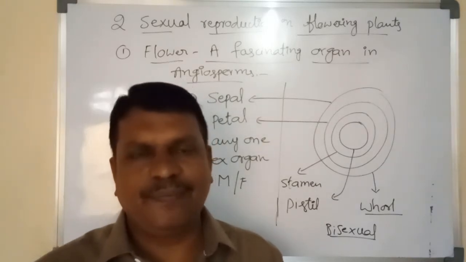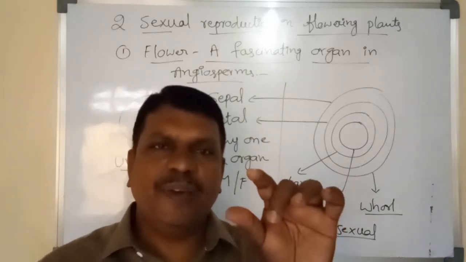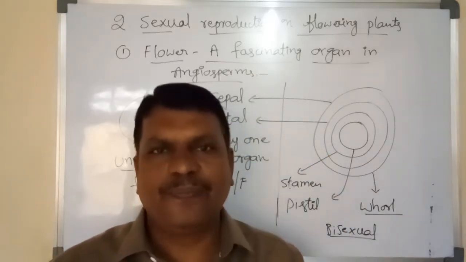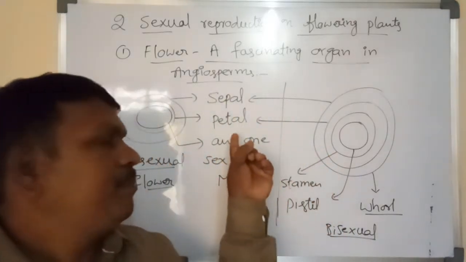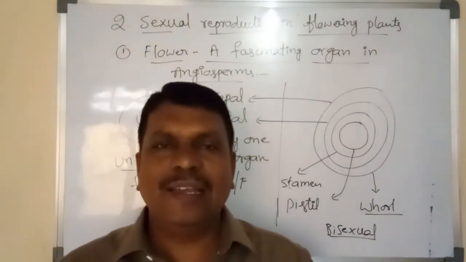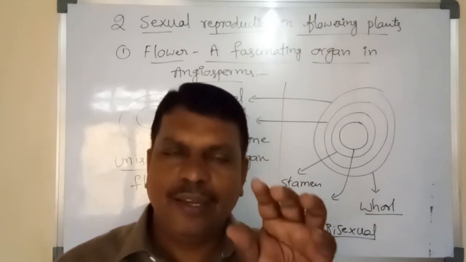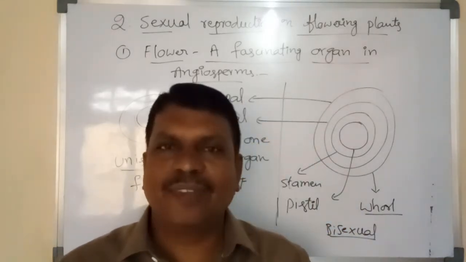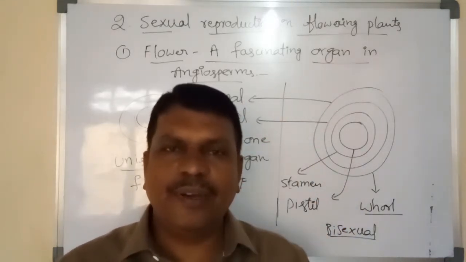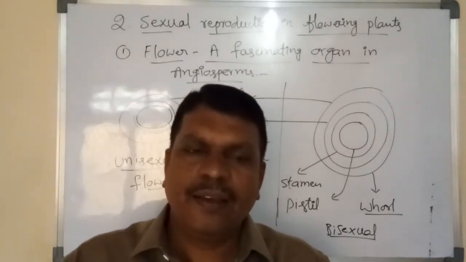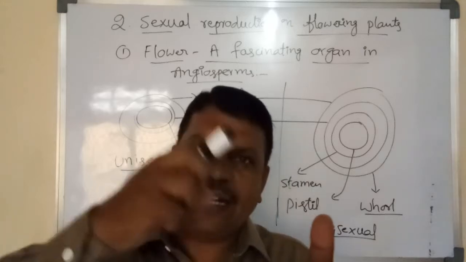Calyx's main function is to protect the flower when it is in bud stage. Clear? And petals play a crucial role in pollination. Due to their coloration, they attract insects. Thereby insects visit the flower, settle on the flower and try to collect nectar.